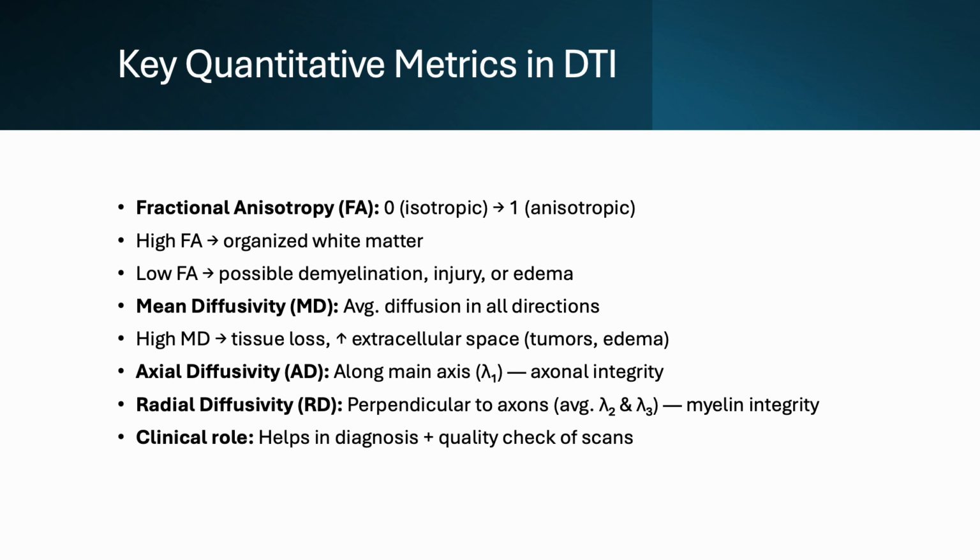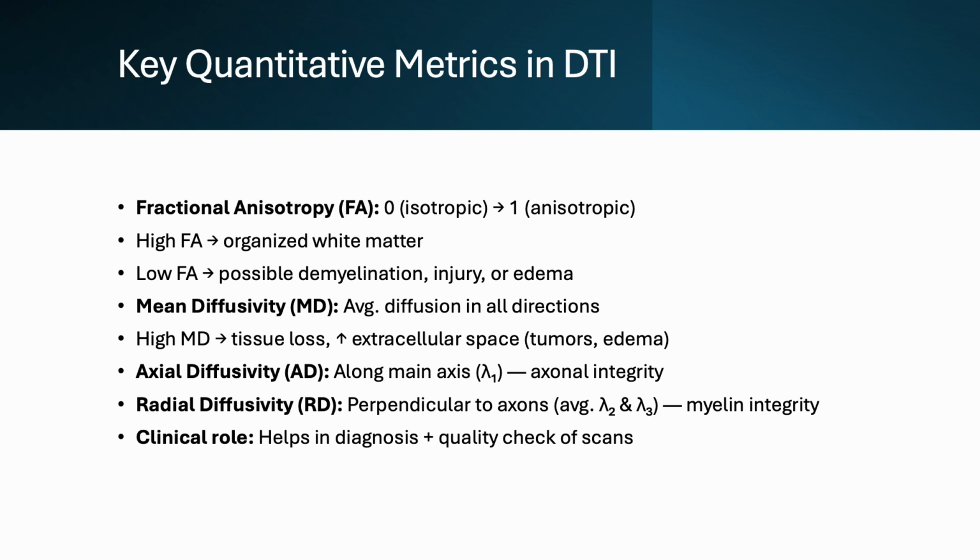From our tensor model, we can calculate several quantitative values that form the backbone of DTI interpretation. First is fractional anisotropy. FA tells us how directionally restricted water diffusion is, and it ranges from 0 to 1.